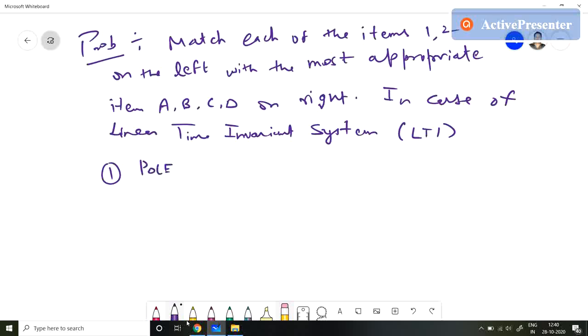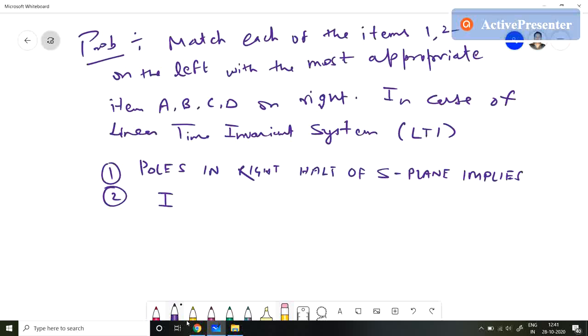Second point is: impulse response 0 for t less than or equal to 0 implies.